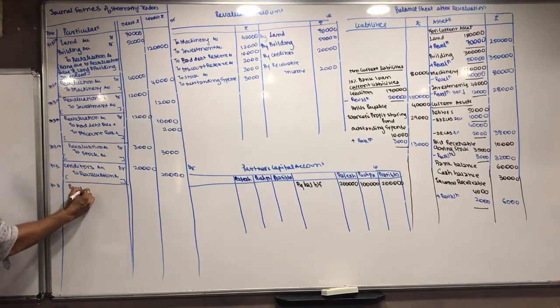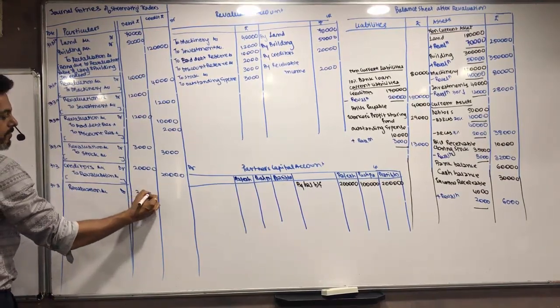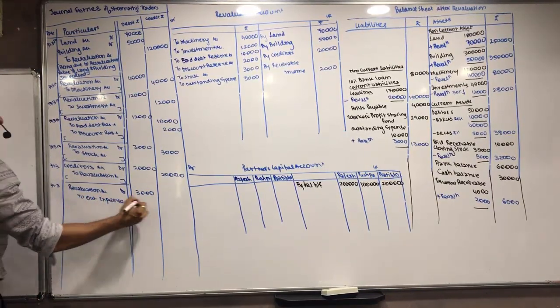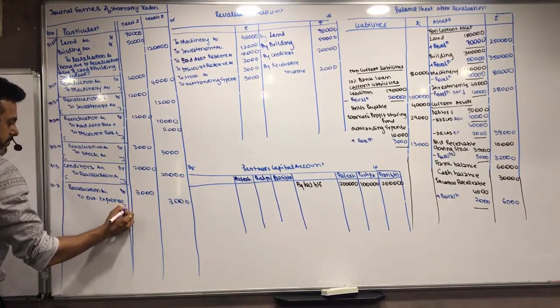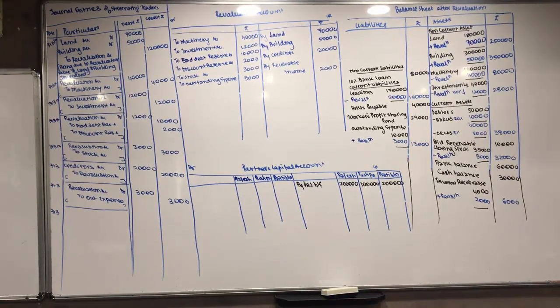So we write revaluation account debit 3,000 to outstanding expense 3,000, being unrecorded outstanding expense recorded.